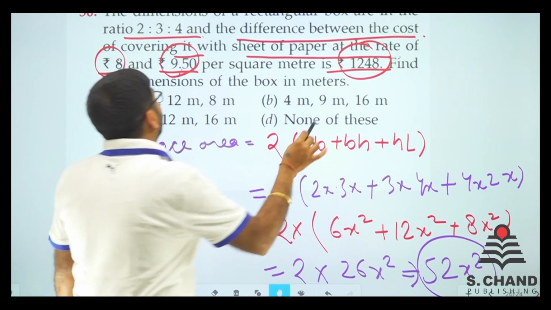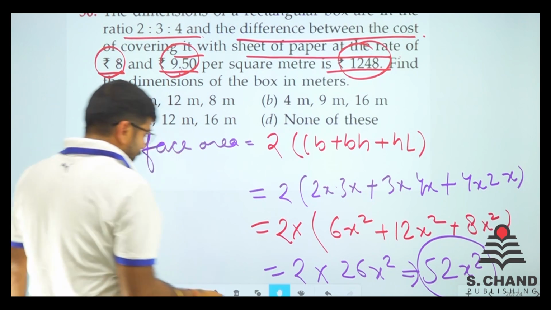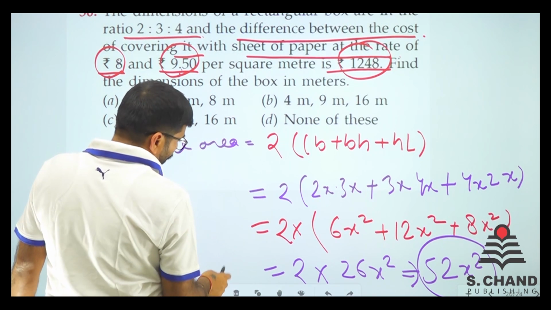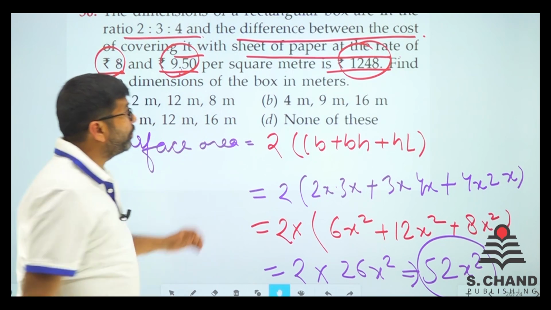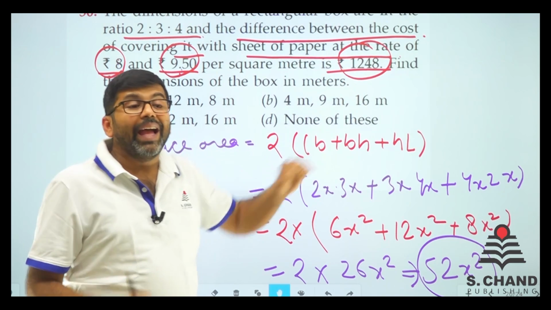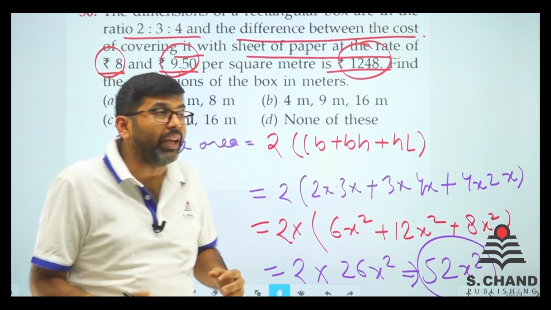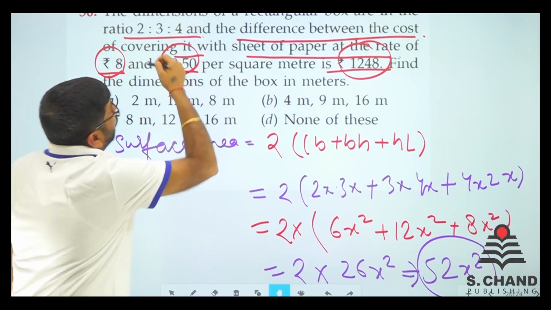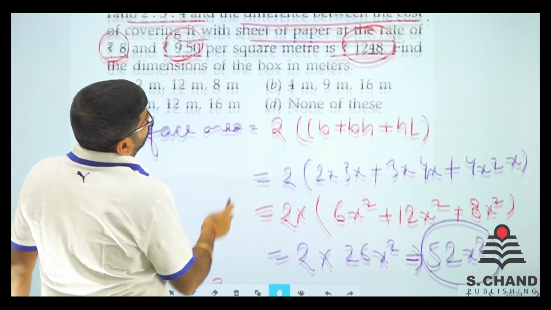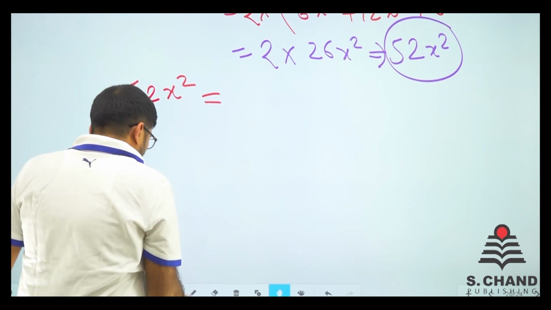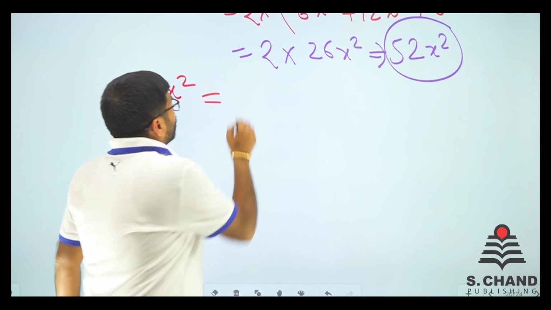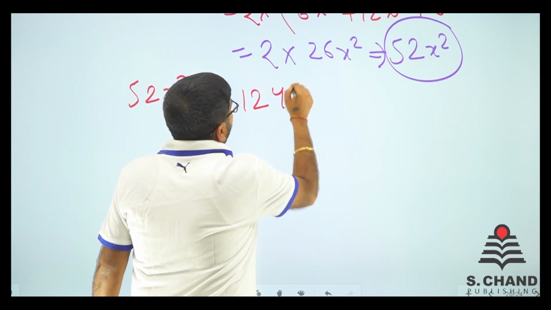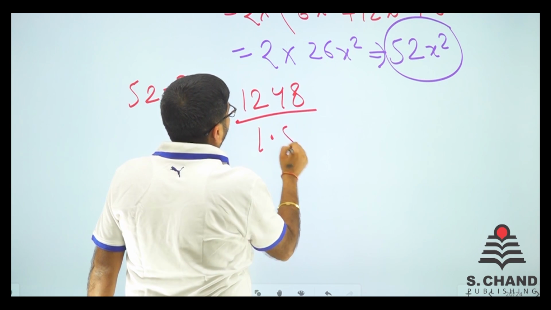1248 is the difference of 9.5 and 8. So that difference of 1.5 rupees, see, this is 1248, and that is the difference of money when you do it by 8 and when you do it by 9.50 per square meter, right? So we will find out the square meter. So we will get 1248 divided by 1.5.